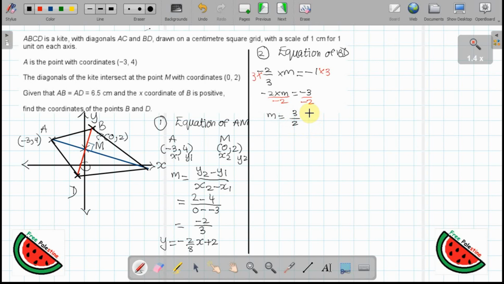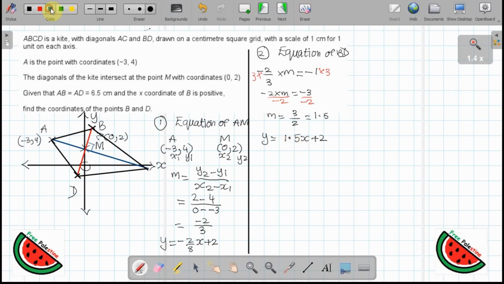I can also write this as 1.5. Either way is fine. So I've got y equals, again, the y-intercept is 0, 2. You can see that from the diagram. So I'm just going to write it as y equals 1.5x plus 2. And that's the equation of BD.